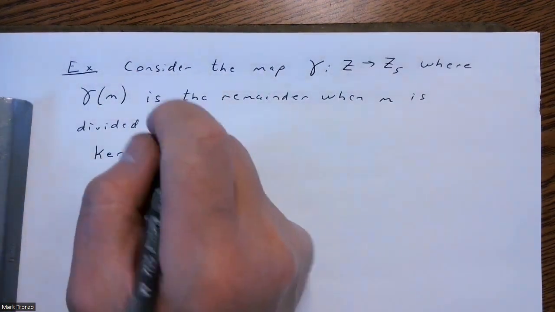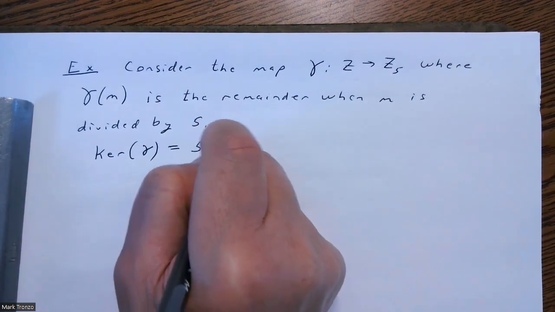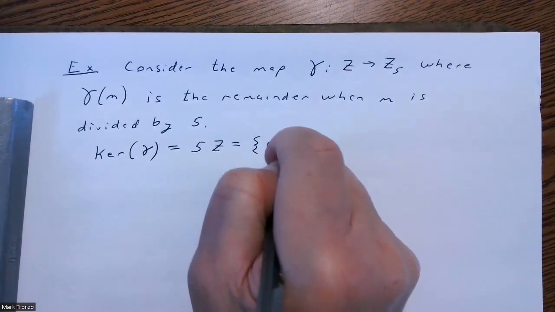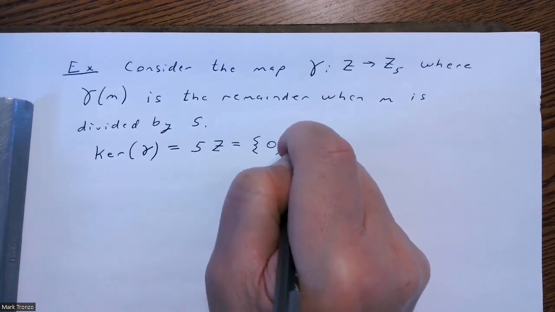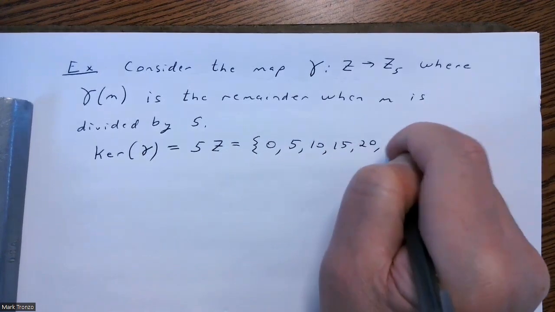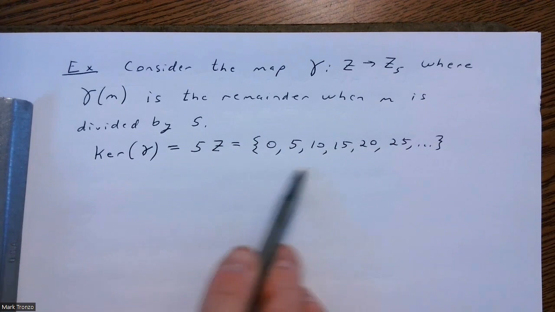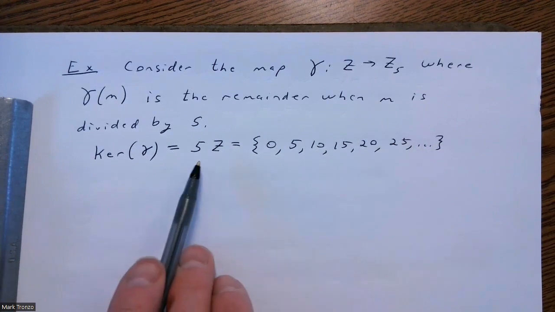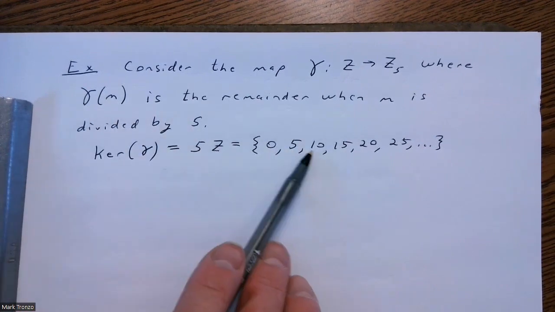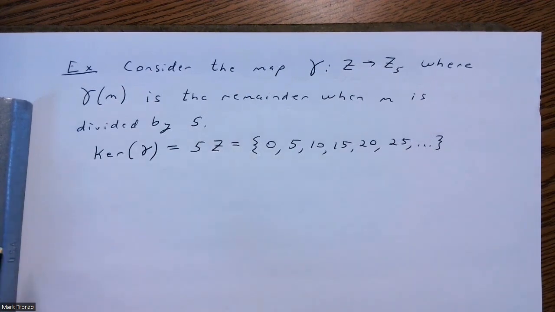So the kernel is going to be equal to 5Z. In other words, that's going to be the set 0, 5, 10, 15, 20, 25, and forever and ever. That's going to be the kernel, because if you put 0 in, 5 in, 10 in, that's going to just give you 0.